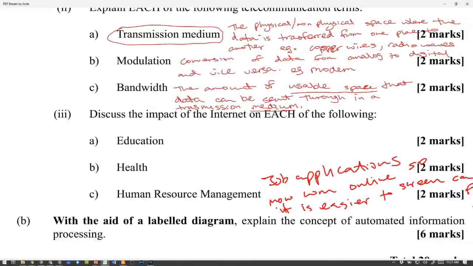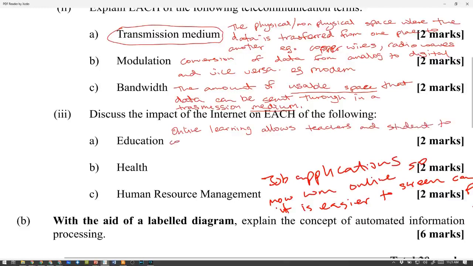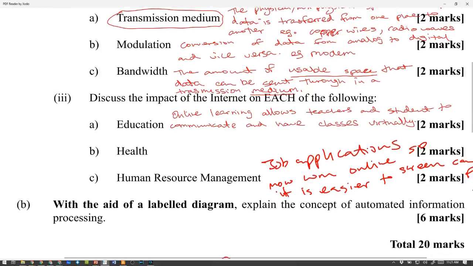Education, online learning allows teachers and students to communicate and have classes virtually. Yeah, that one was dead easy. Like, you can't really get that wrong.